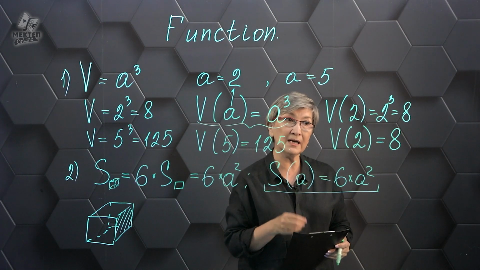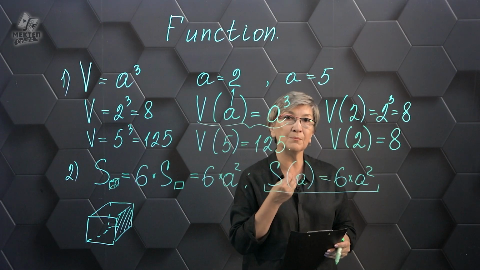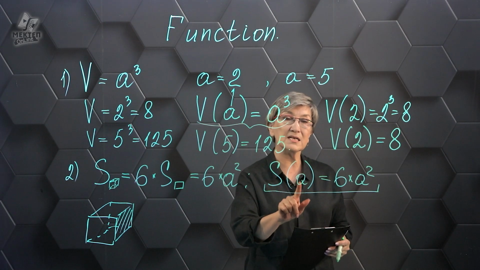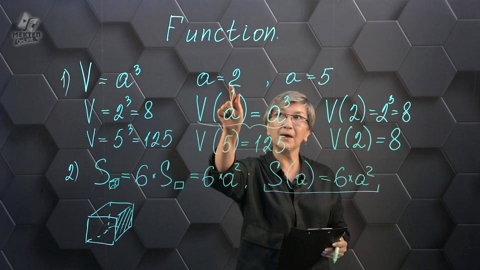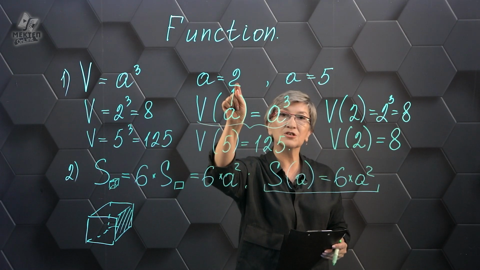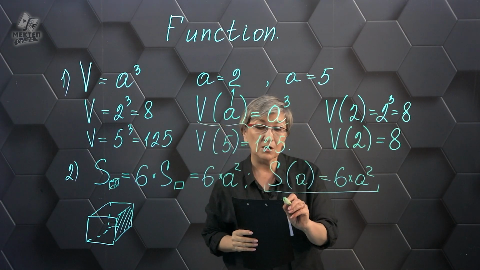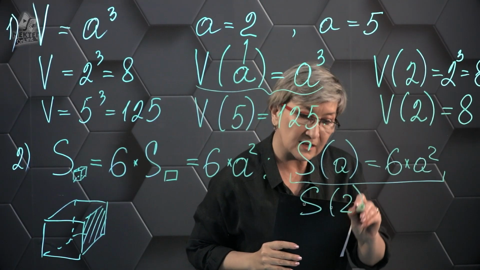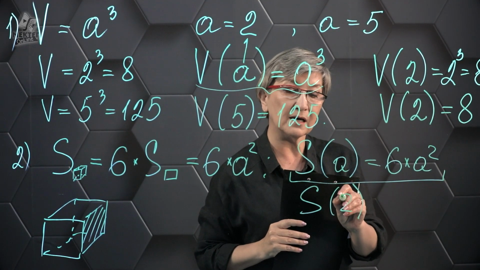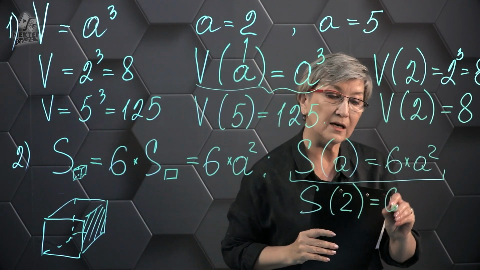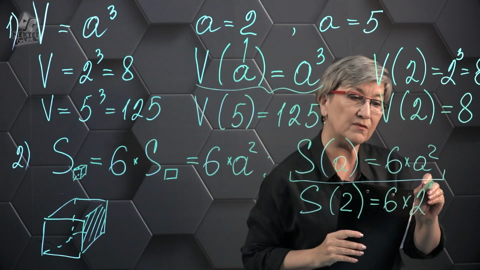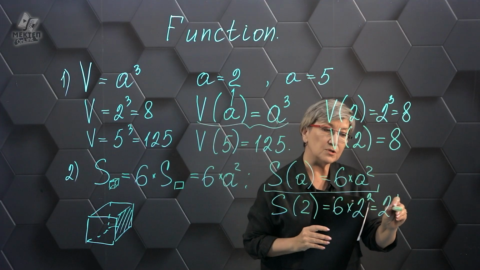And if, in this case again, the length of our edge is 2, then our surface area will be 6 times 2 squared, and that equals 24.